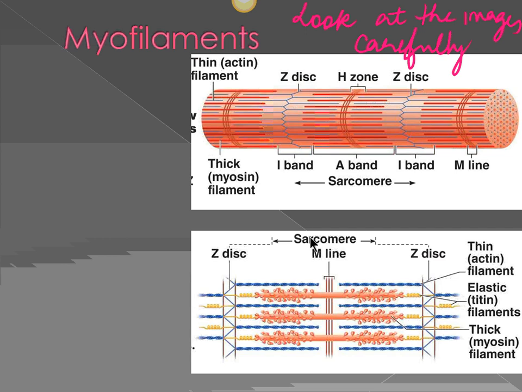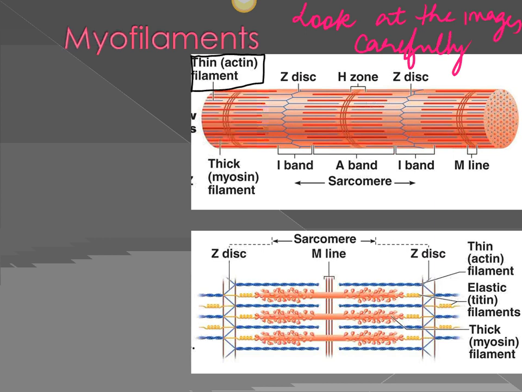These are contractile proteins. They are proteins which can actually contract. And there are two types. You can see here, the thin filament is also known as the actin filament. This is why looking at the picture is really important: when you look at a slide, instead of just reading, always know the alternative names.